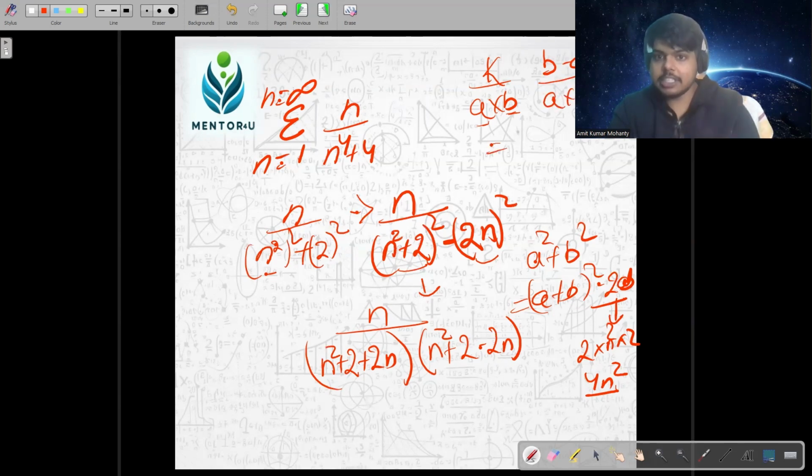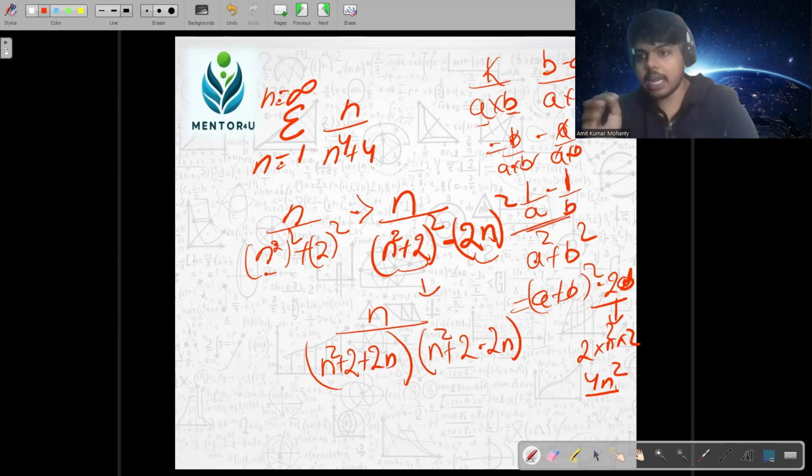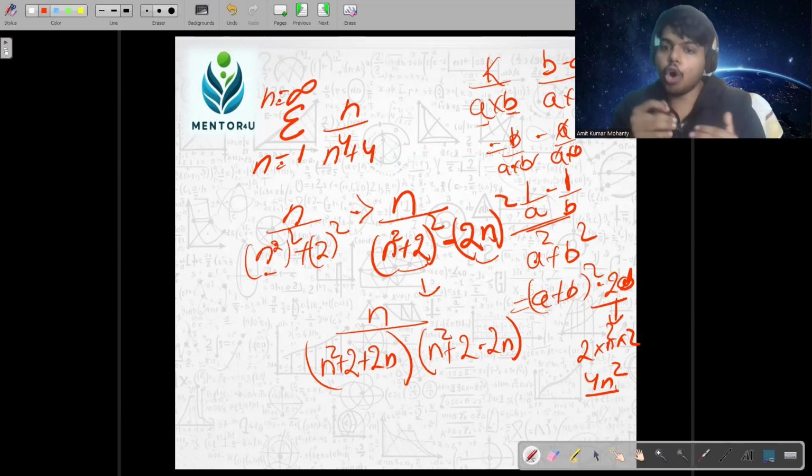If I write it in a separating manner, it will be b by a into b minus a by a into b. As a result, a and a will cancel, b and b will cancel. Ultimately, I will be left with 1 by a minus 1 by b. This is the target. This is my target. So what is happening? My ultimate summation can be divided into two parts. That is my goal, so that all the common terms present between a and b in the summations should get cancelled. Clear? That is my goal.